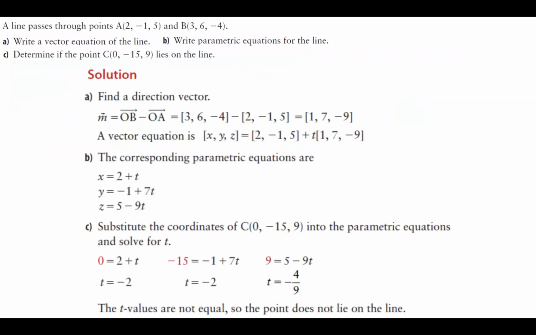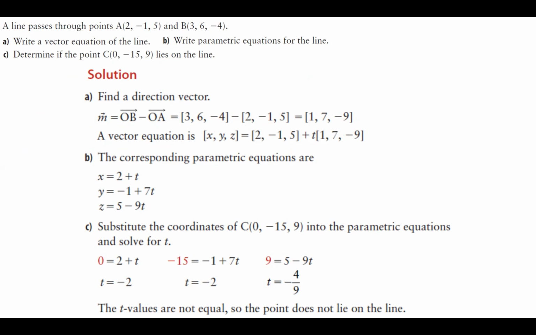Okay, so following this logic, first of all, we can find a direction vector m, which is vector OB minus vector OA, which is given by (1, 7, -9). So (1, 7, -9) is the direction vector for that line.